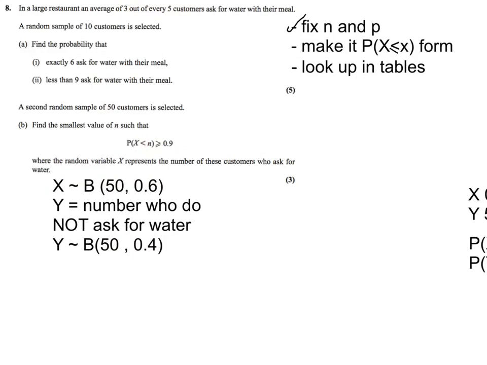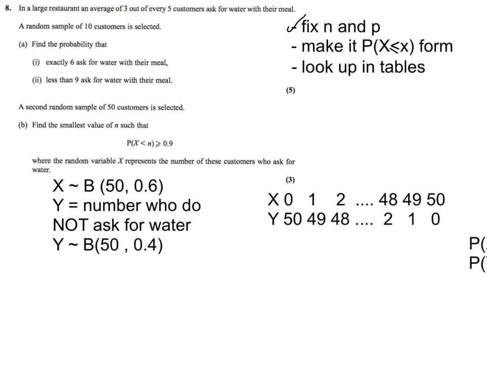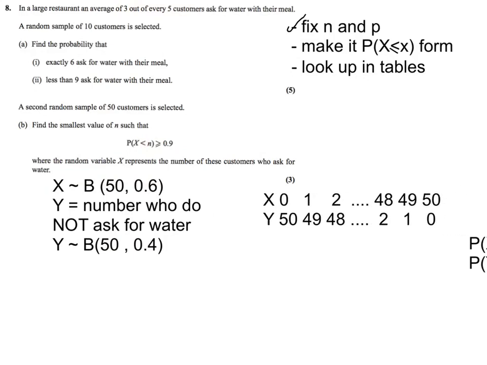The first thing I want you to do is have a look at this here and see if you agree with what I've written. This is saying that the number of people who ask for water, x, goes with this number of people who don't ask for water, y. So for example, if nobody asks for water, then I've got 50 people who do not ask for water.